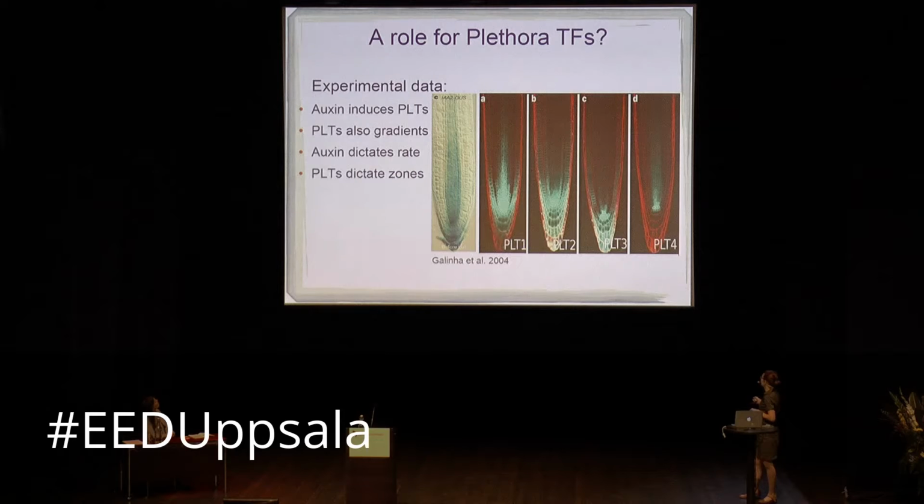It's a highly redundant family, but if you would overlay these pictures, you would see that they have a similar kind of gradient with a maximum here and then tapering off towards the shoot, as does auxin. And they also found out that it's actually auxin itself that directly dictates these rates, for example, if you want to bend, but that it's plethoras that dictate the zones. But well, if auxin induces plethoras, who cares?